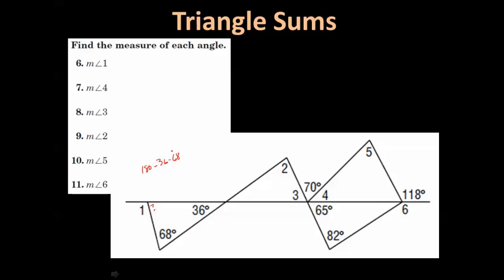Keep picking up my phone to use it as a calculator. 180 minus 36 minus 68 gives me 76. So now I can say 180 minus 76, because these guys right here are a linear pair, and that gives me 104.